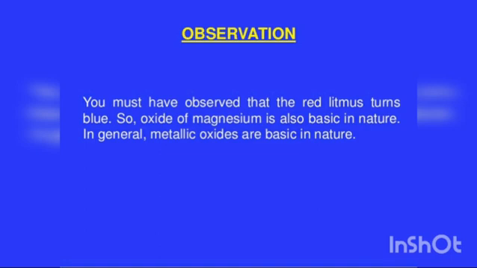Means we have to test whether it is acidic or basic. When you dip the red litmus paper, it turns blue. Means oxide of magnesium is basic in nature. So in general, metallic oxides are basic. So this is one activity we have done.